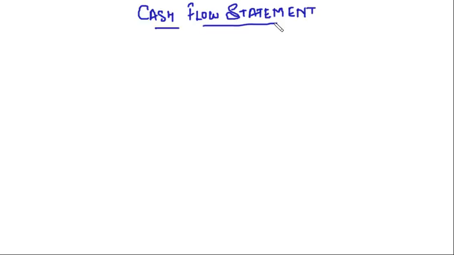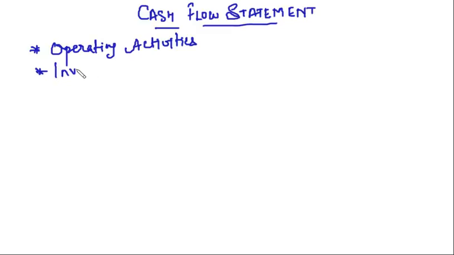Hello friends, we'll continue with the cash flow statement. So far we have discussed cash flow from two activities: cash flow from operating activities, and cash flow from investing activities.